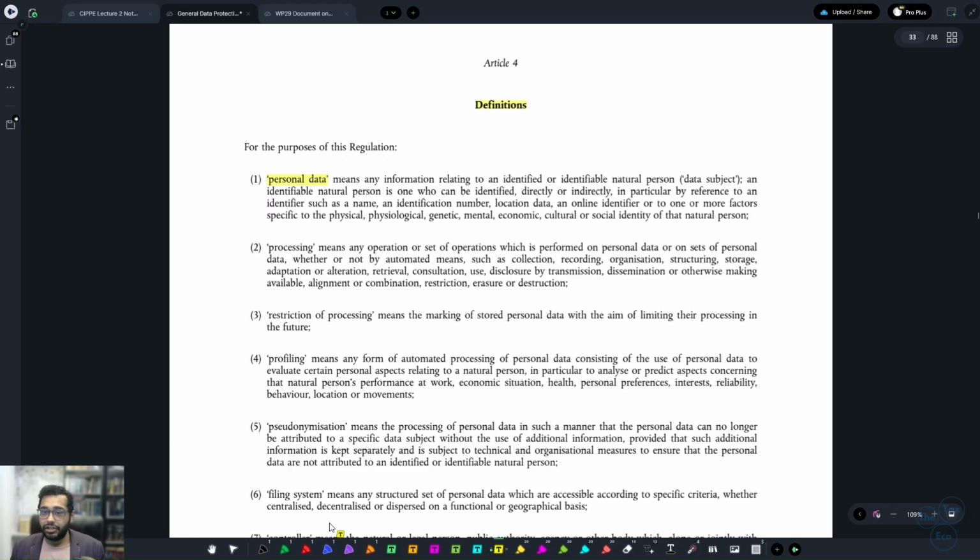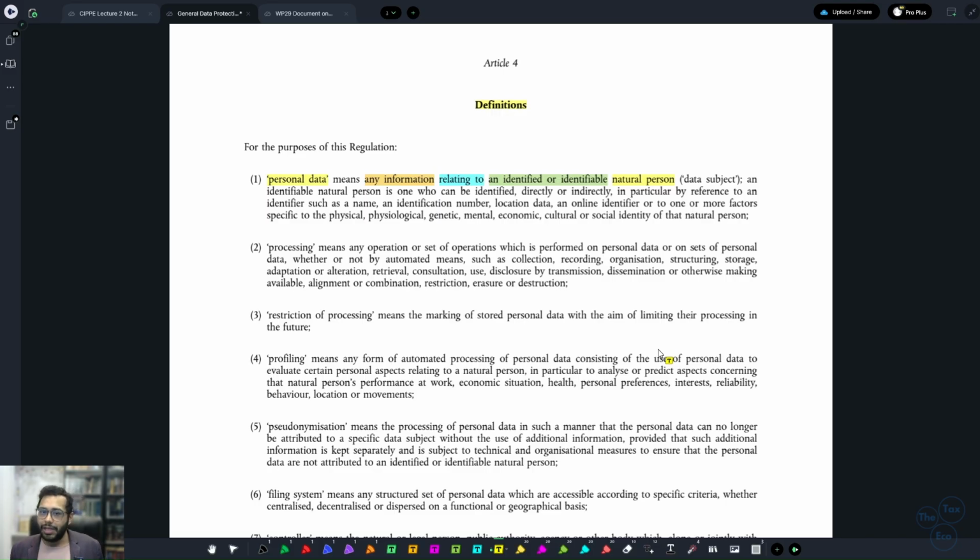Again, we will read the definition once more. Personal data means, we will bifurcate the elements: any information, then relating to, then an identified or identifiable, and the last element is your natural person, which is the data subject. That is the definition of personal data given in Article 4.1.